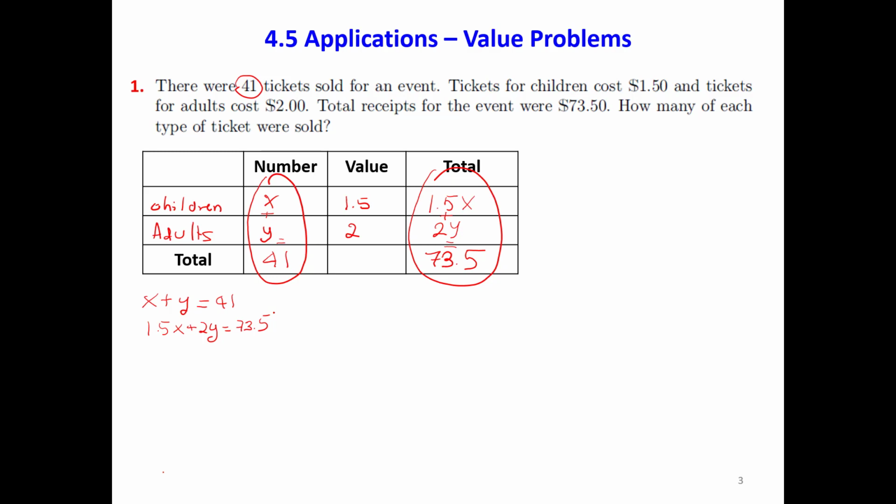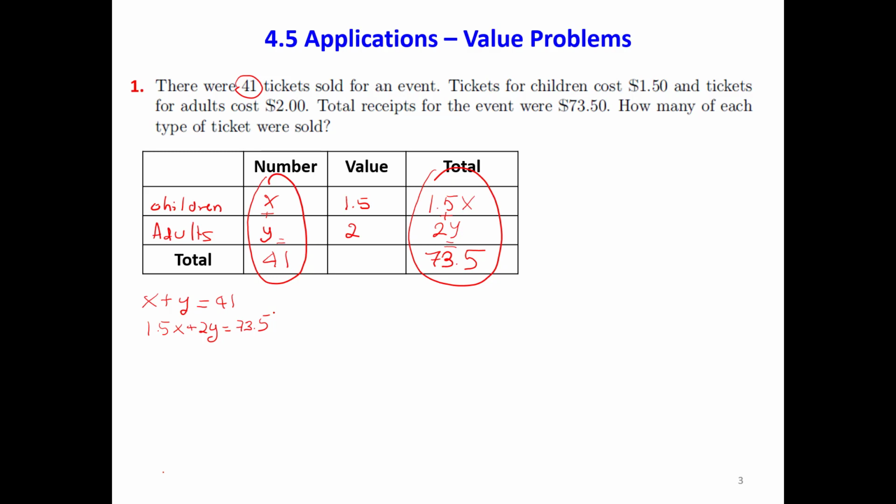Once we have the two equations with two variables, we can solve this system of equations by any method, by addition elimination or by substitution. The graphical method would be really complicated. Let's solve this one by addition elimination first.